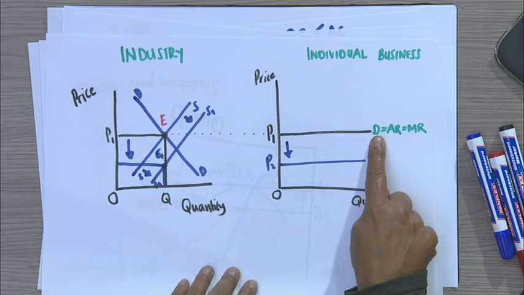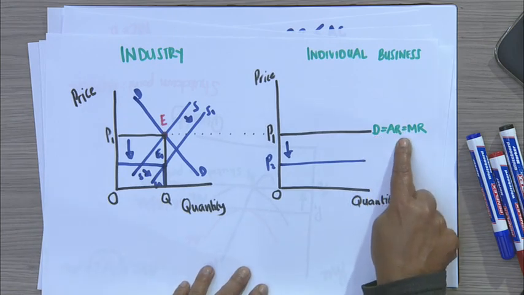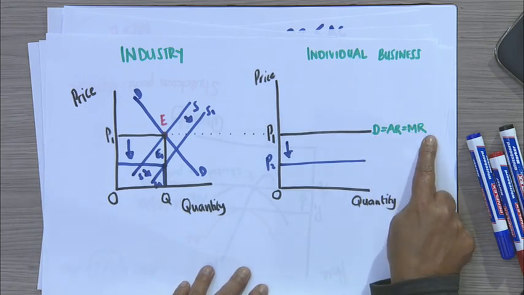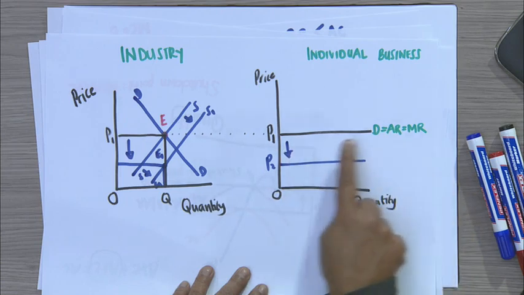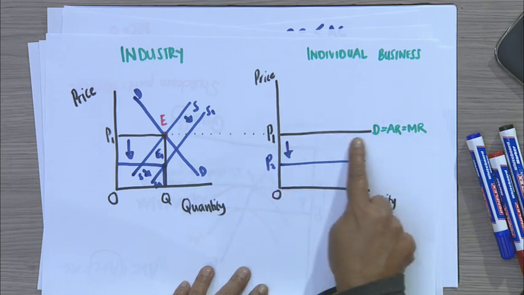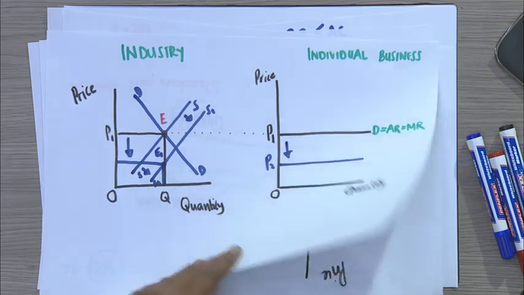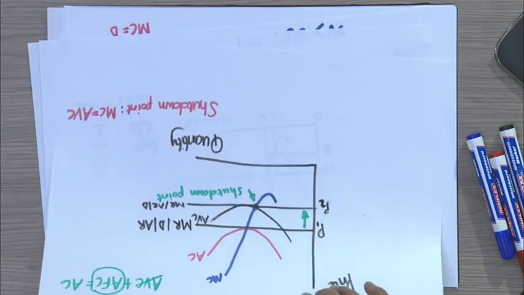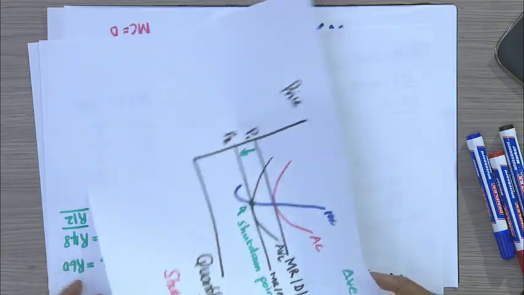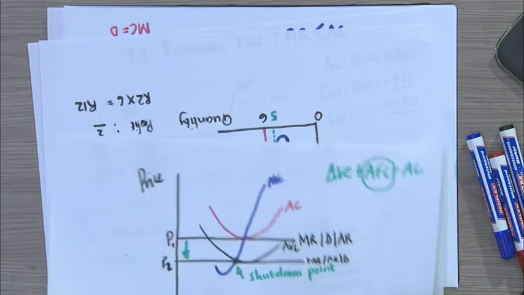But it's not only the demand curve, it is also the average revenue curve and the marginal revenue curve. And the reason this is a horizontal curve is because they have absolutely no control over the price. They have to take the price as is. We then also looked at the shutdown point.